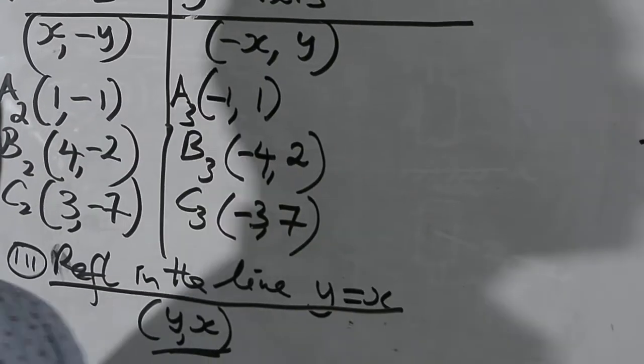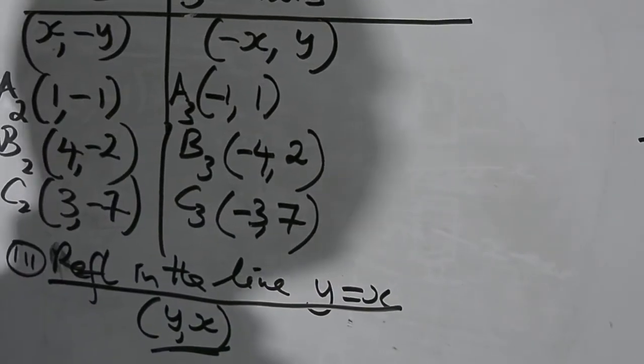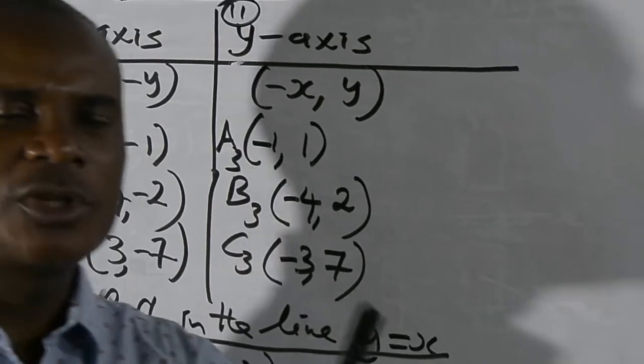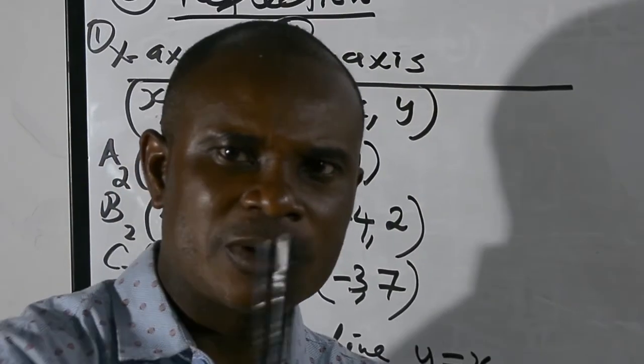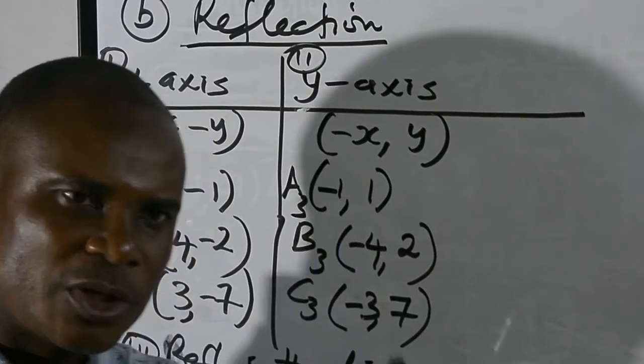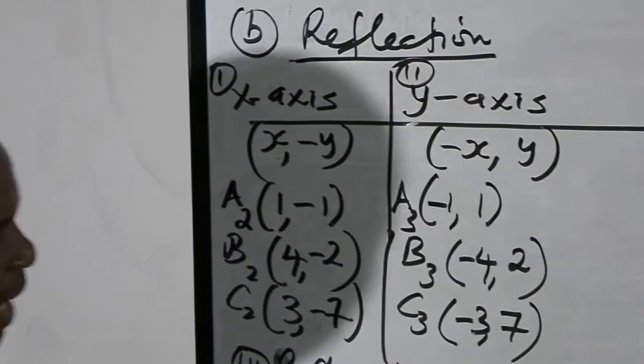If I say reflection in the line Nigeria equals America, it means that I'm going to interchange Nigeria and America, or Gambia and Sierra Leone. I'm going to interchange Sierra Leone for Gambia, or Gambia for Sierra Leone.